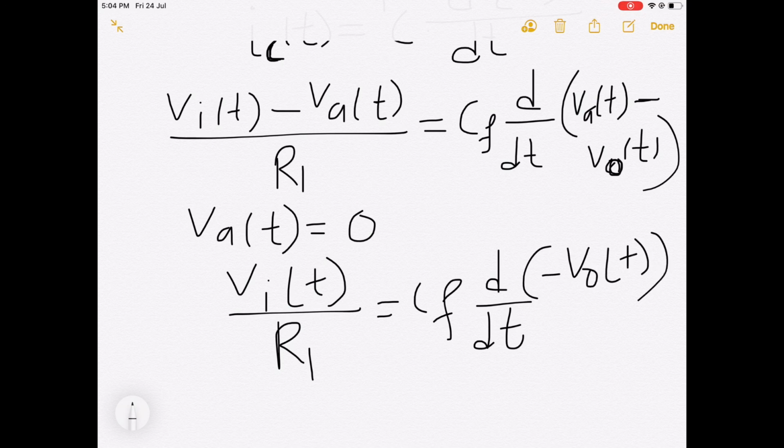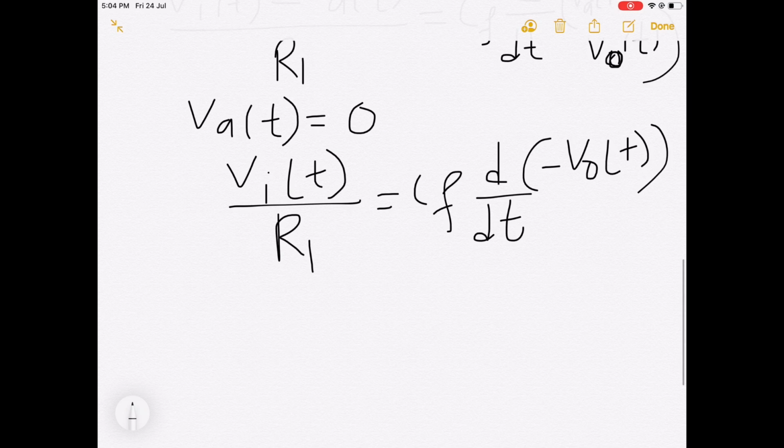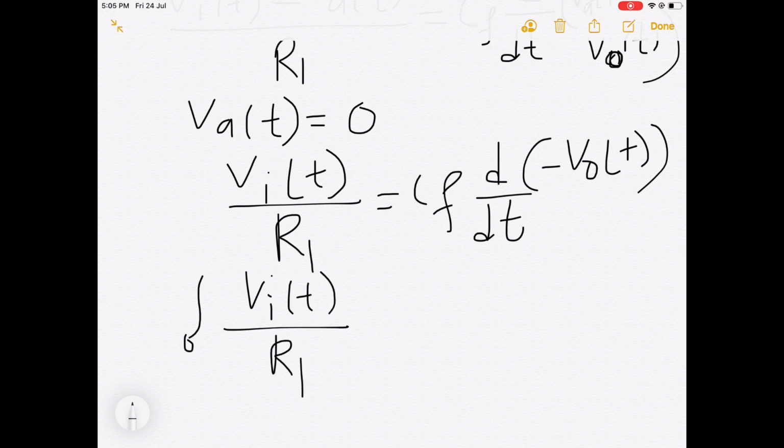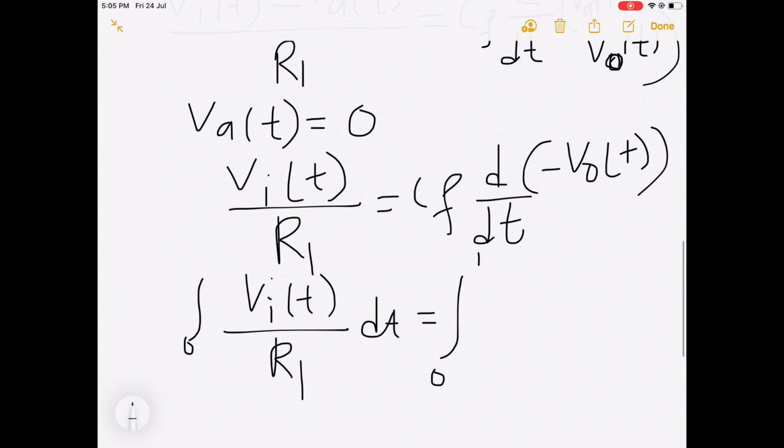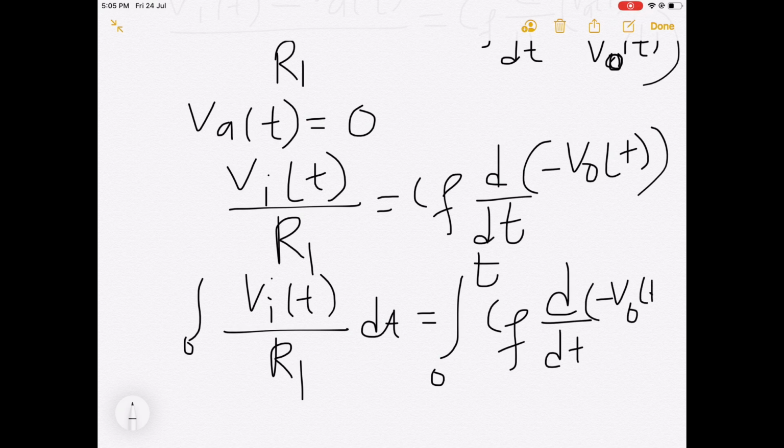Okay. Now integrating both sides so that you will get Vo of t. So 0 to t Vi of t divided by R1 into dt is equal to 0 to t Cf into d by dt of minus Vo of t.